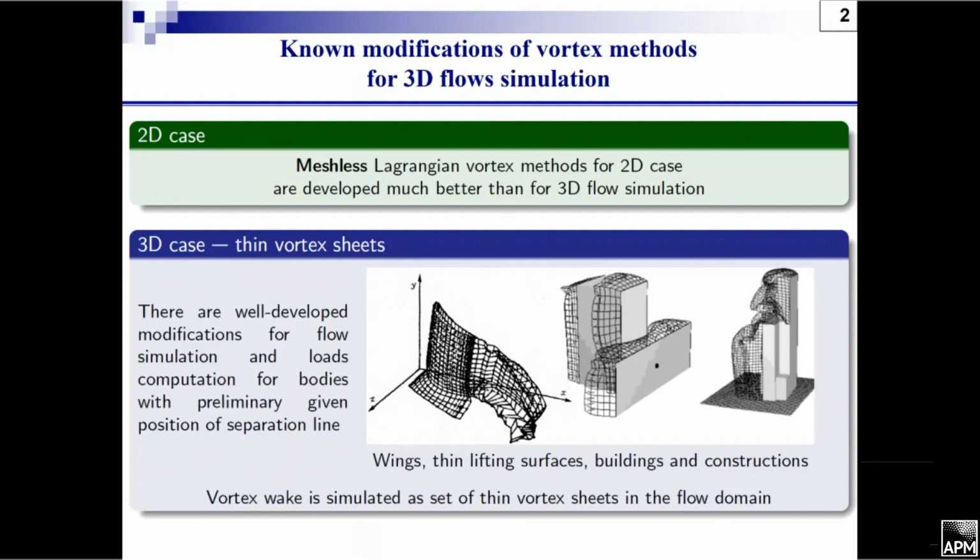In the three-dimensional case, these problems are much more complicated from both theoretical and computational points of view, and I can only tell that vortex methods are developed more or less only for some very narrow class of problems, when we deal with, for example, thin surfaces, thin wings, thin plates, some buildings and constructions, where we can point out the line where we simulate the separation of the flow from the surface.